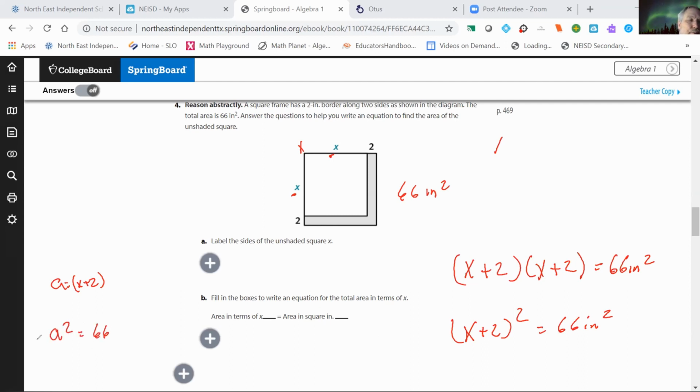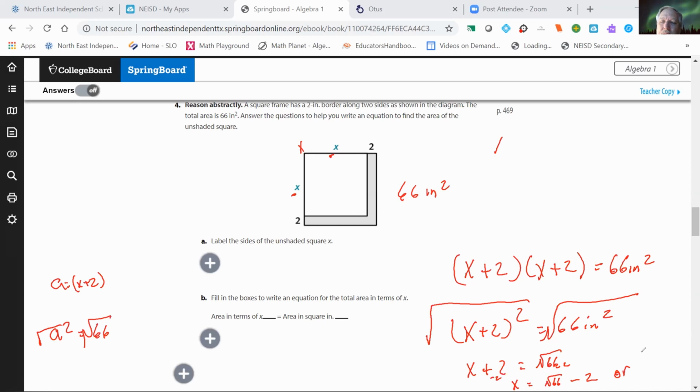We would take the square root of both sides, and we can do the same thing here. The square root of something squared is what it was, so x plus 2 is equal to the square root of 66. Then to get x by itself, x is equal to the square root of 66 minus 2, because I subtracted 2 from both sides.